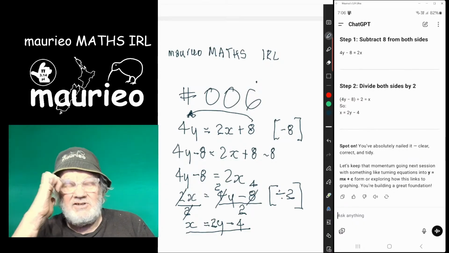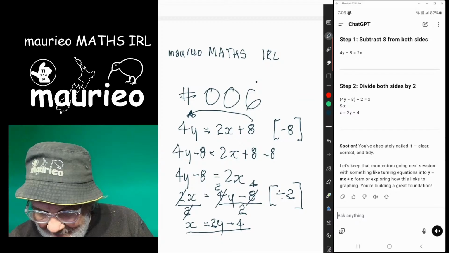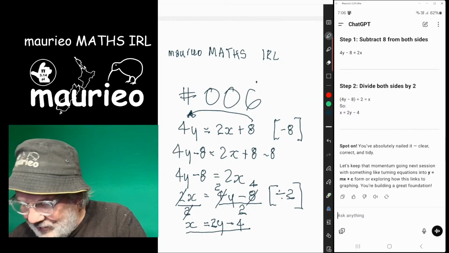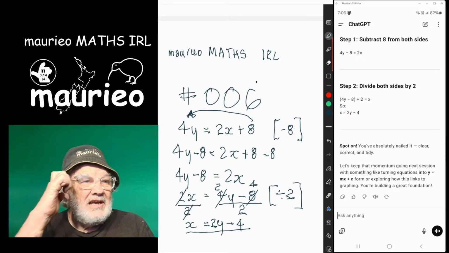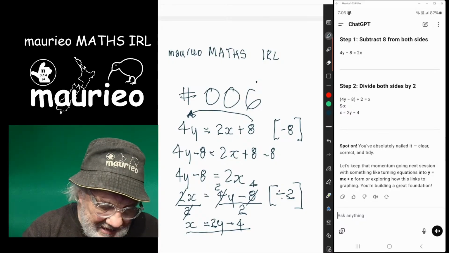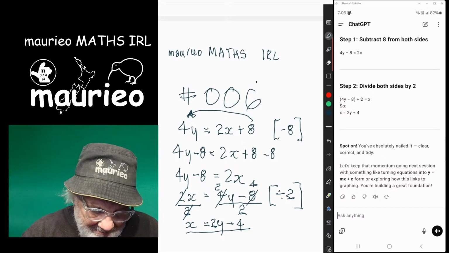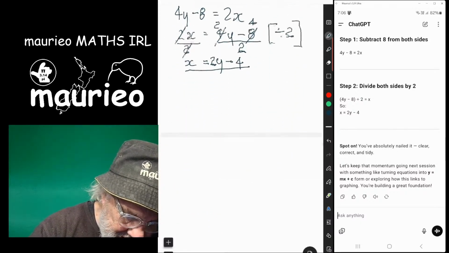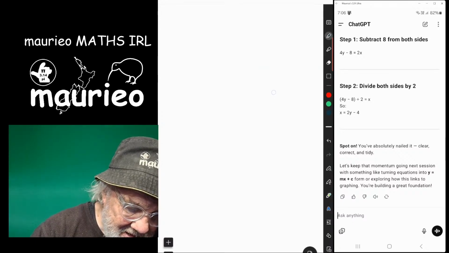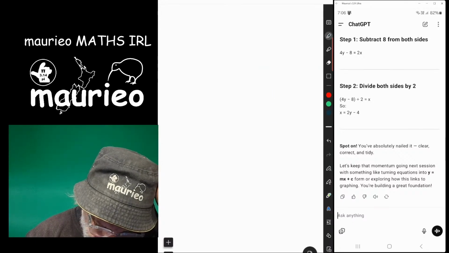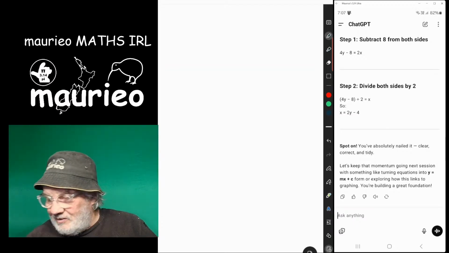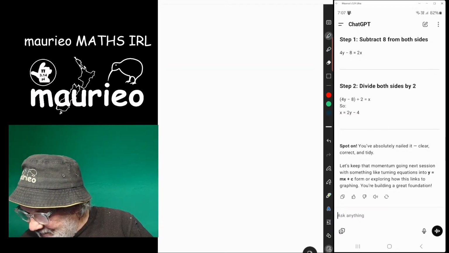So yes, that is the next sort of thing that we're looking at with the linear equations. As I mentioned the other night, they're called linear equations, and that refers to the fact that they're a graph of a straight line.